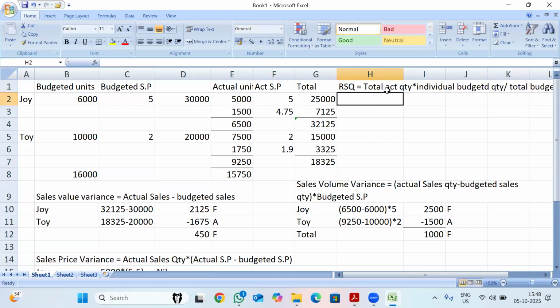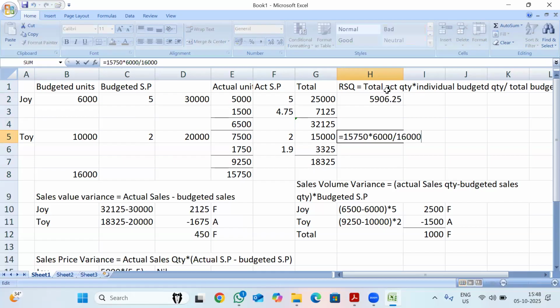So my total here is 15,750 into individual 6,000 divided by 16,000. So that is 5,906.25 units. Here for Toy, the total actual quantity is 15,750, but the individual standard is 10,000, right? Divided by 16,000. So here it should be 9,843.75. So this is my RSQ.